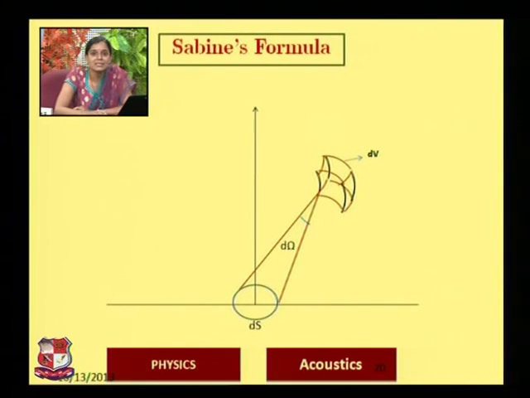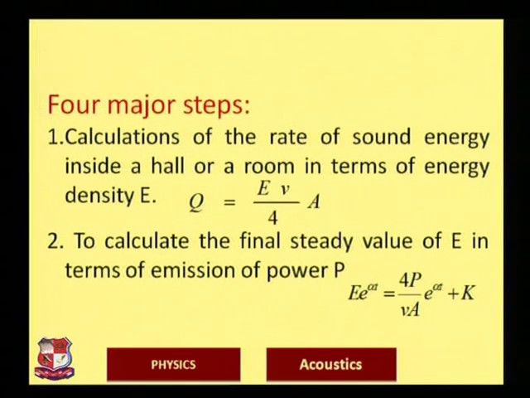Then we integrate over the volume to have the total absorbed energy by the surface, and then we sum over all such surfaces having different absorption coefficients and different surface areas.